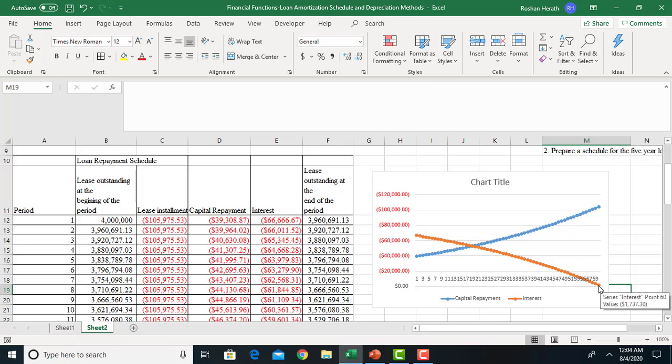It is exactly 1,737.3. Then you can identify how the capital repayment and the interest behave throughout the period. And this is the basics that you expect to learn under the loan repayment.